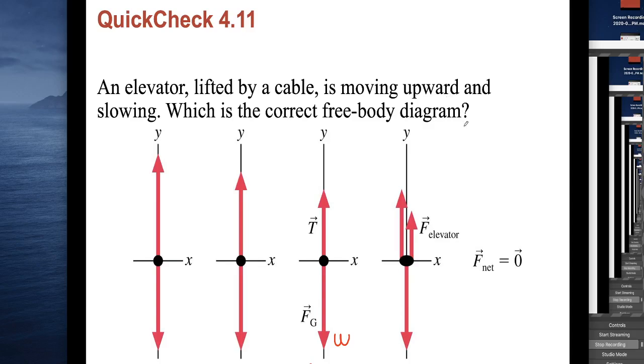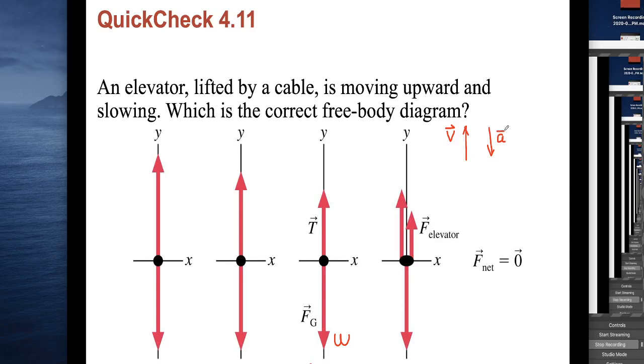First, let's see the direction of its velocity. Its velocity is going up. And what's the direction of its acceleration? It's moving up and slowing, which means the acceleration is against the velocity. So the acceleration is going down.